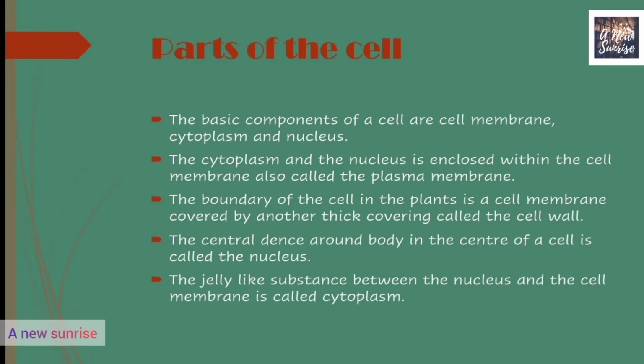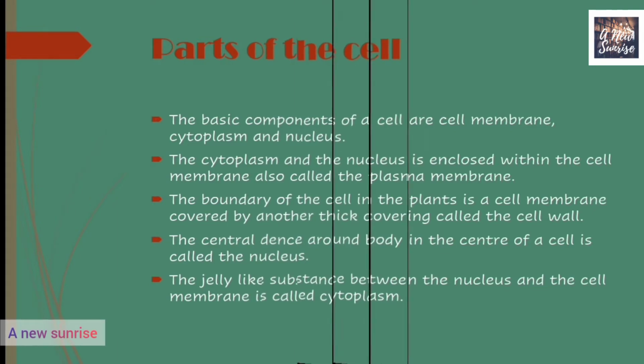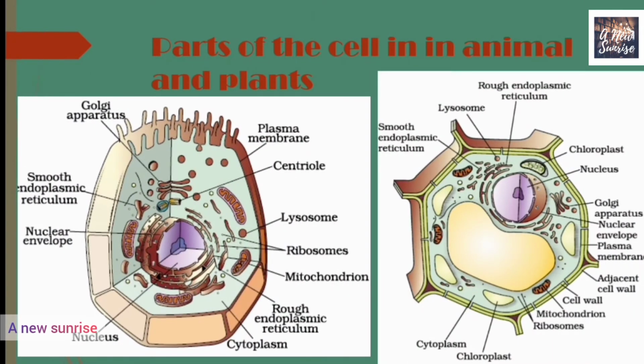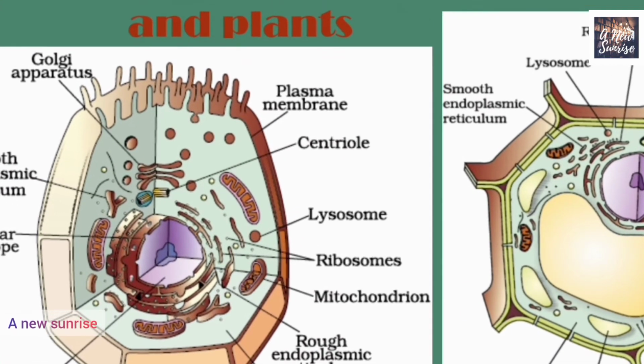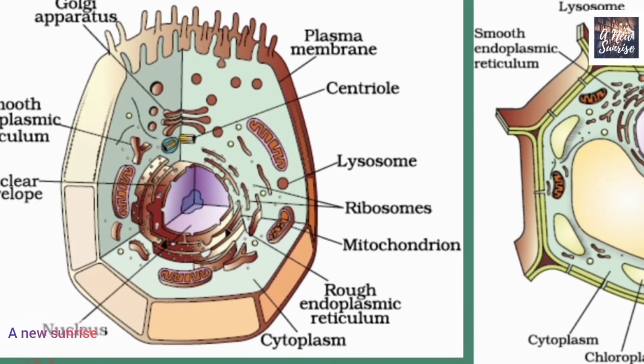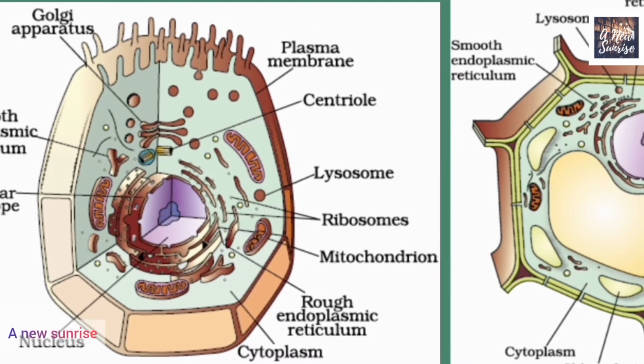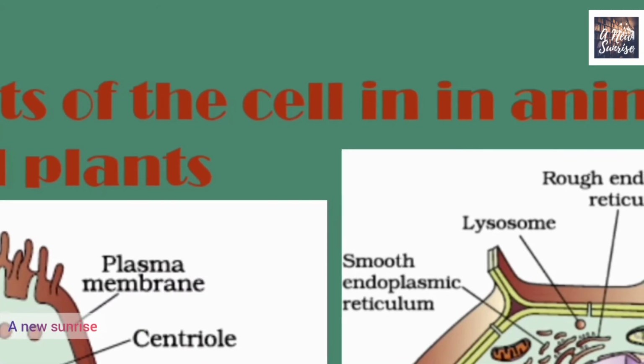Before proceeding to our next topic, first of all let us see some images. This is the image of two cells. One on the left is an animal cell and on the right is a plant cell. First let us look at the parts of the animal cell. An animal cell has a plasma membrane, the outer boundary.